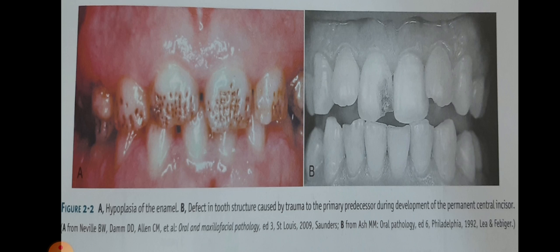Hypocalcification and opacities are qualitative defects. The location of defects on tooth crowns provides basic evidence for estimating the time of the development of the defect, with an unknown error and potential bias.